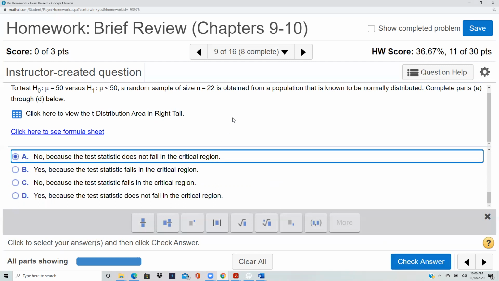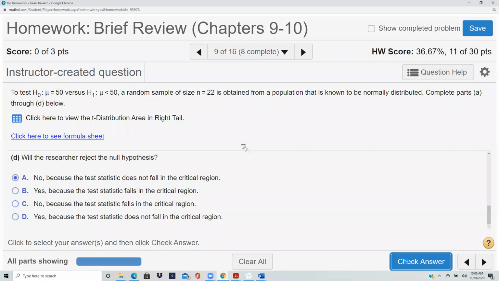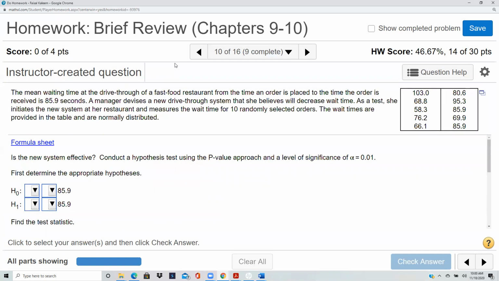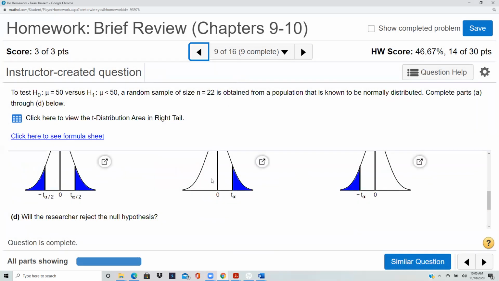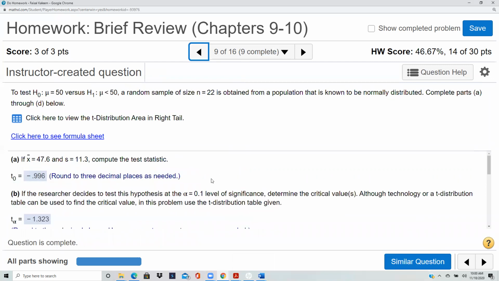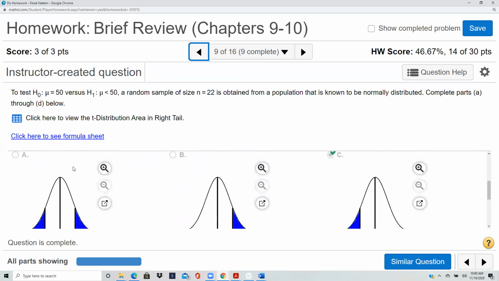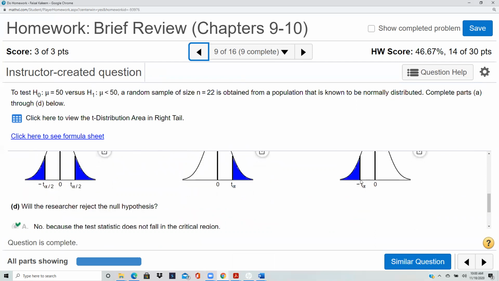Now, if instead of using the P alpha criterion you were to use the other criterion, what you do is look at the graph, you already have the graph in the problem, and you know that this was the correct one. So this cutoff value is the critical value, the negative T alpha here.